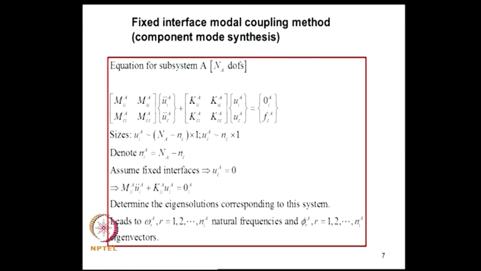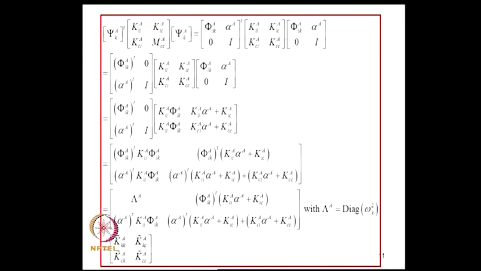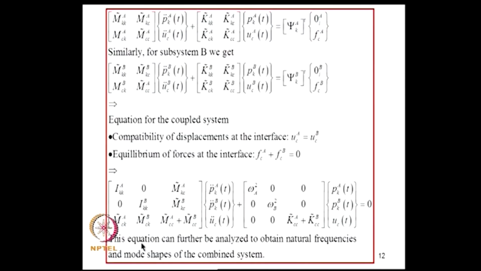So, at the matrix level we get phi I k A transpose k I A into phi I k A to be this lambda matrix, which is the diagonal matrix of natural frequencies of subsystem A in the fixed interface form. So, these are the matrices that I get for substructure A.